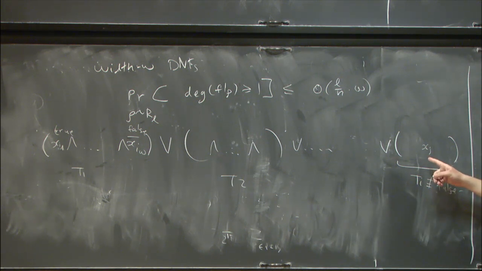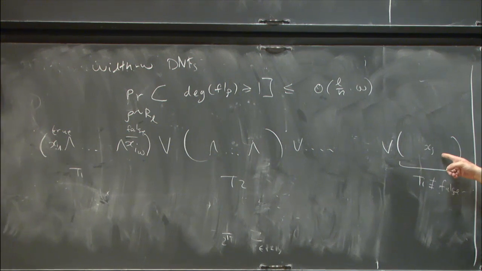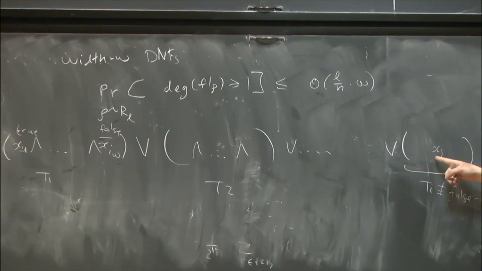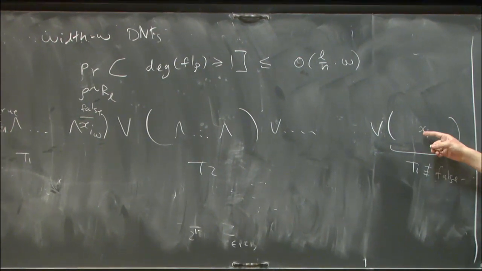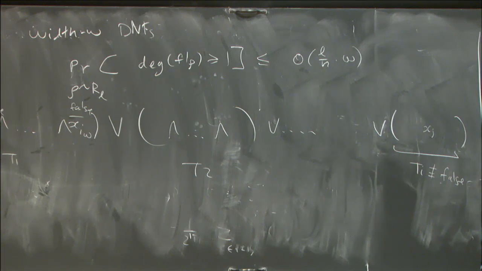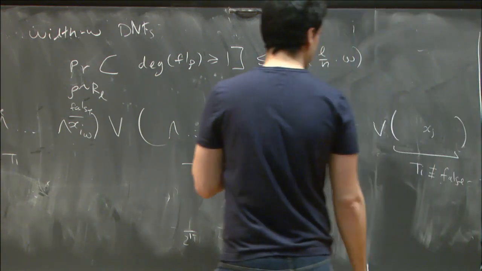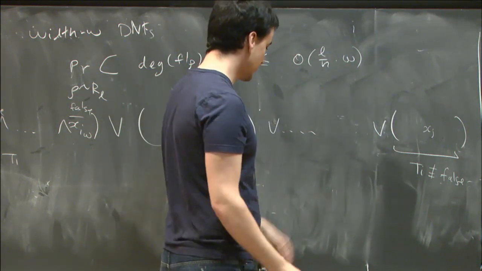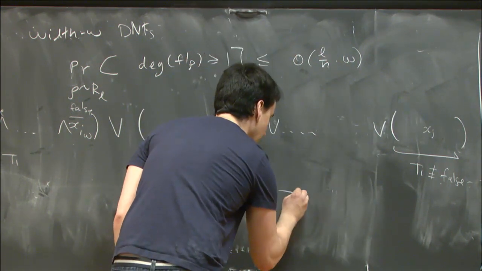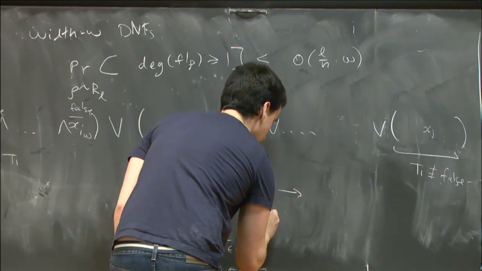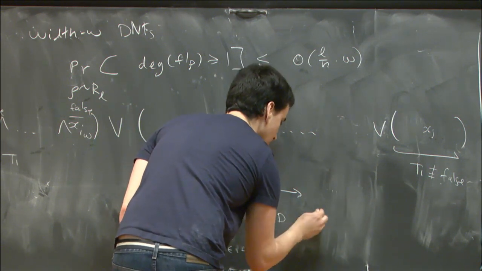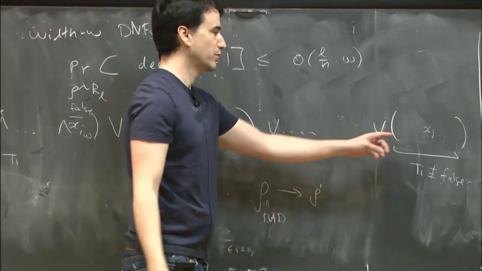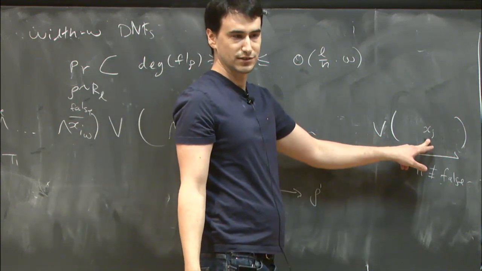So we set this variable in order to satisfy the literal. If it appears plainly, we set it to 1. If it appears with negation, we set it to 0. So if rho was bad, we get a new restriction, rho prime, that fixes one more variable. Which variable? This one.